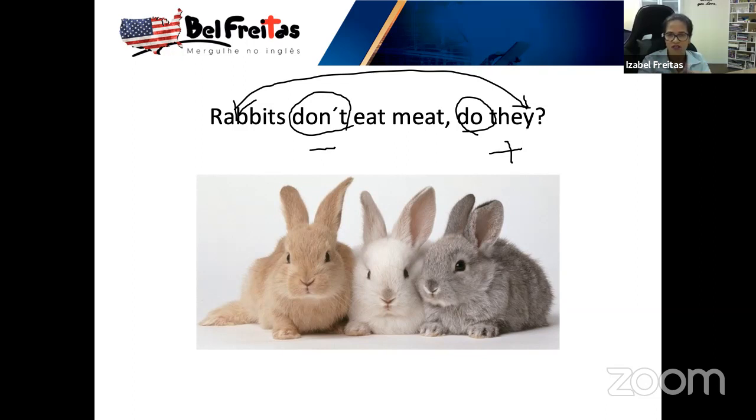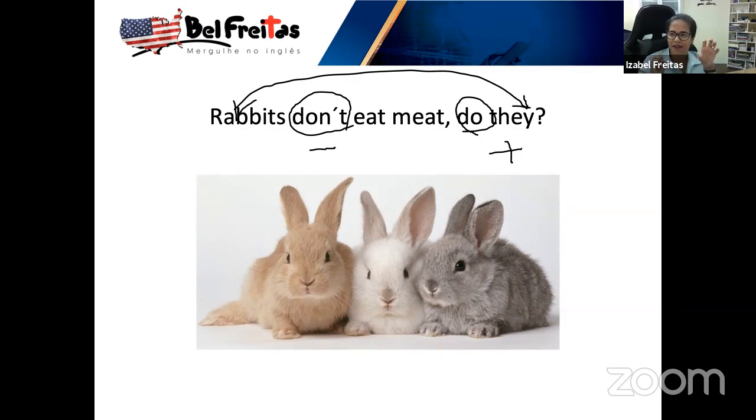So in the tag question, we have do, because it's negative, affirmative. It's the opposite. When the first sentence is negative, the tag question is affirmative. This is the first point. Second point, when you have the auxiliary verb, don't is the negative, so do is the positive.